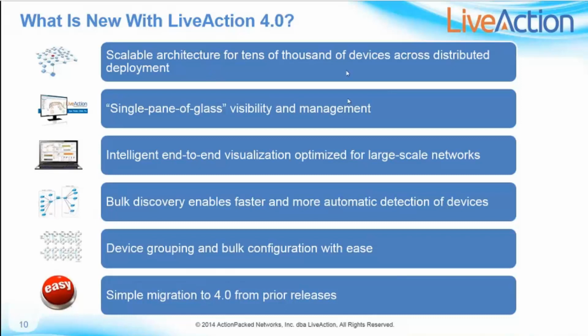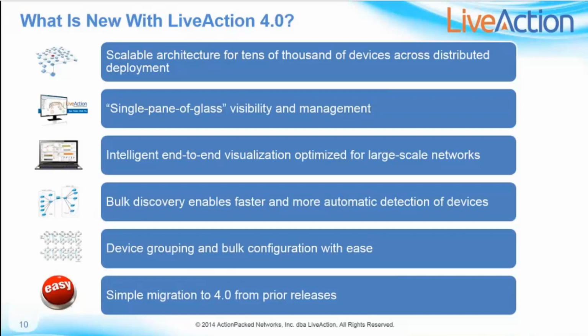A single pane of glass visibility for management of all these devices across multiple collectors or nodes in the network, and intelligent end-to-end visualization optimized for large-scale networks. So now I can still show you an end-to-end view, even though it may cross 500 hops in your network. I can actually provide that view end-to-end and identify any problems along the path.